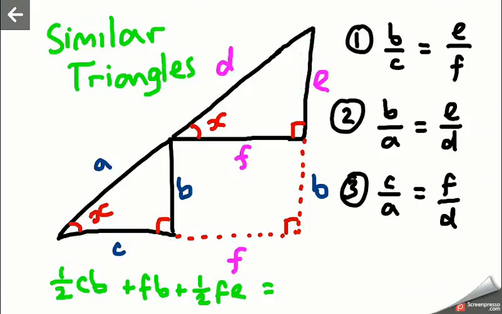Well, in this case, the base is equal to C plus F, and the height is equal to B plus E. Alright, so we're going to make the observation that these two things must be equal, and we're going to use this equation and expand things out and cancel some things off and hopefully get the results we're looking for.